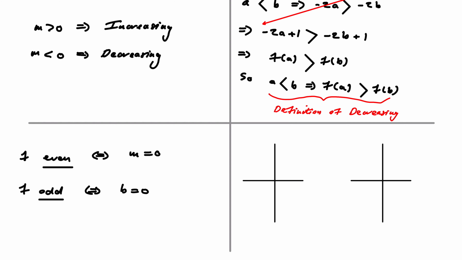So the first one, I mean, being even, you're flat, right? So this is m is equal to 0. And it's the same after reflecting across the y-axis.